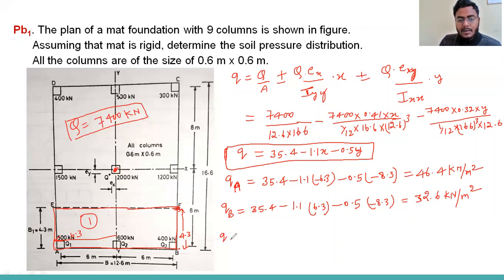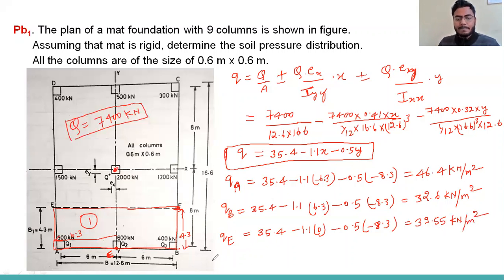Now we can calculate at a point here, suppose this point is E. That will be 35.4 minus 1.1 into the x coordinate, which will be 0 because this is on the y-axis, minus 0.5 into the y coordinate, which is minus 8.3. So it will come to 39.55.